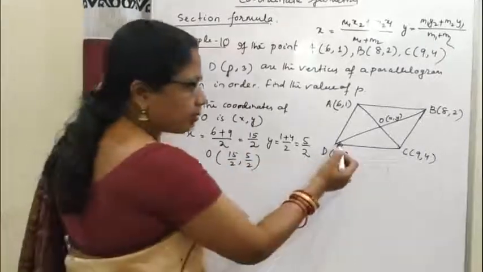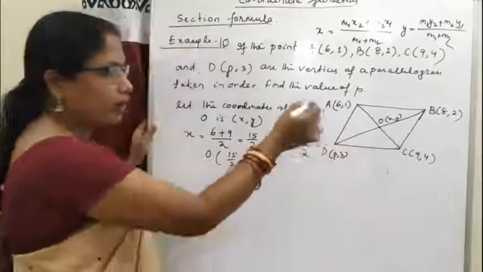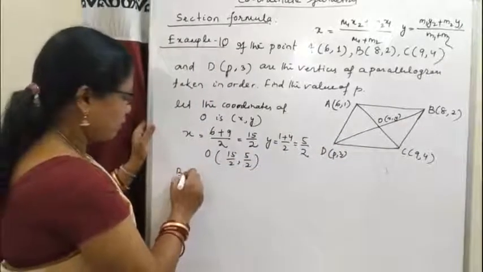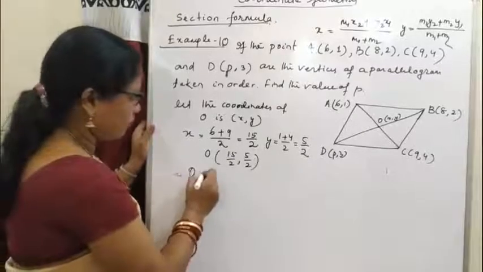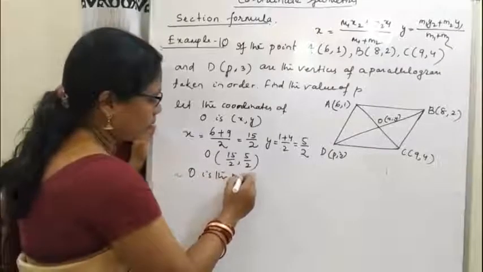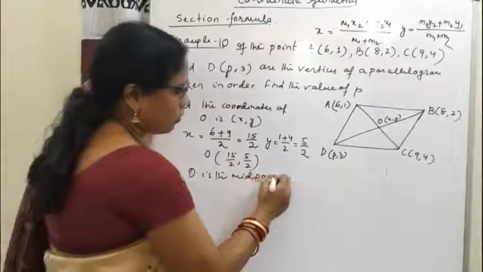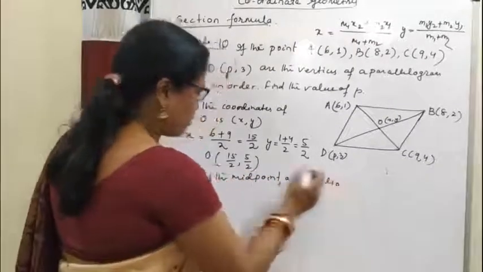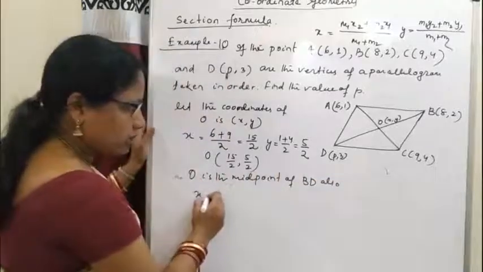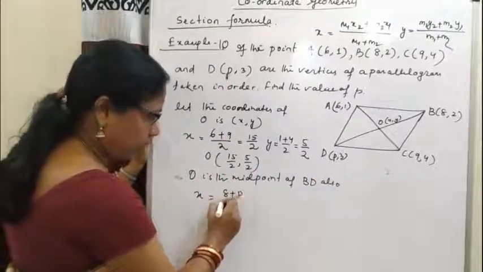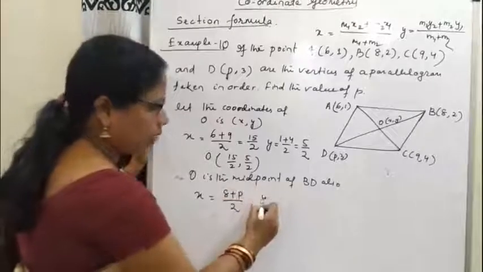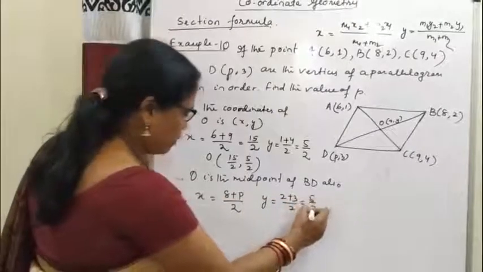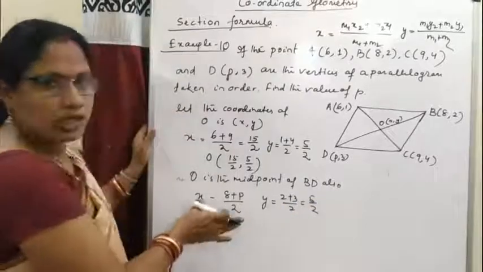Now by using B and D we will find O. Again, O is the midpoint of BD also. So by using BD, x is equal to 8 plus P by 2 and y is equal to 2 plus 3 by 2. This is equal to 5 by 2. So here O is the same point.